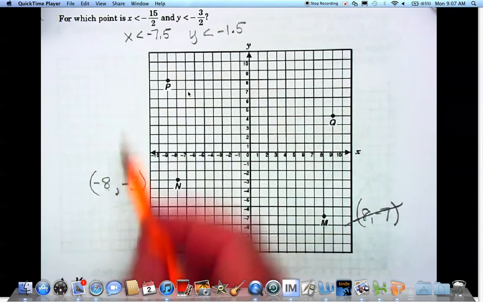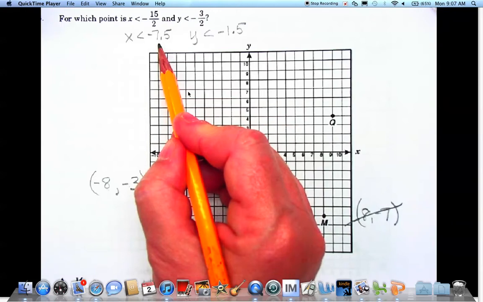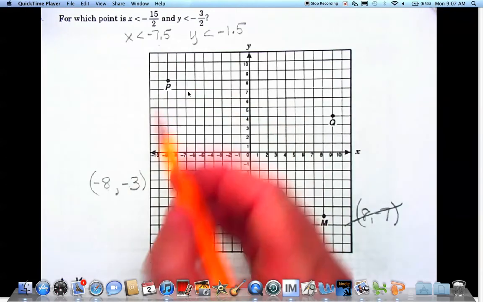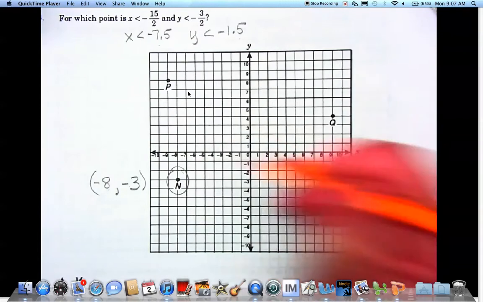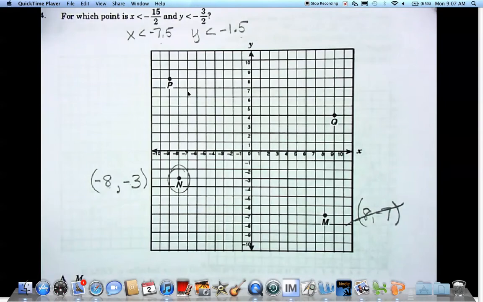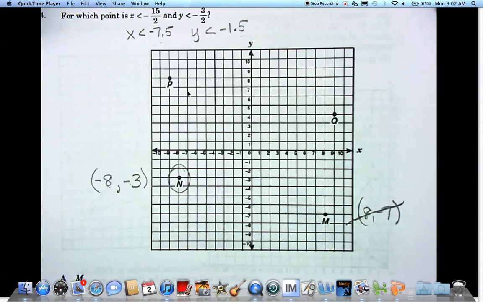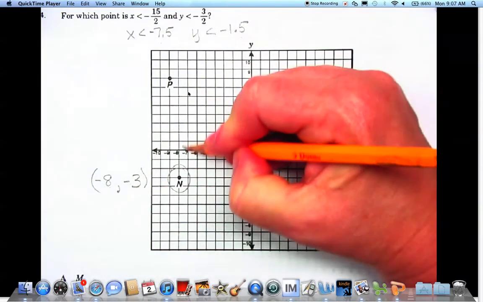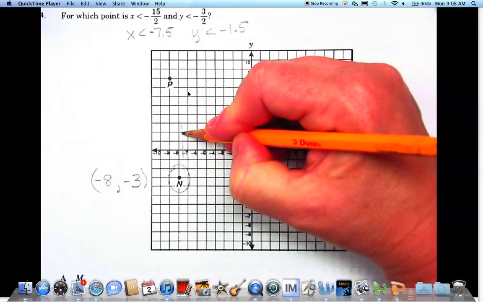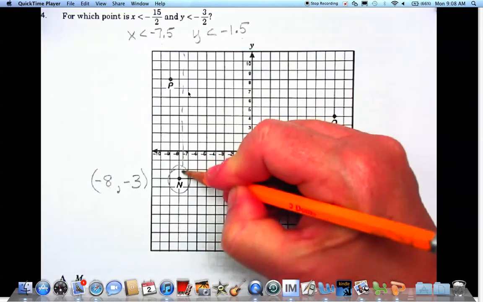Is negative 8 less than negative 7.5? Yes. Is negative 3 less than negative 1.5? Yes. Okay, or you can shade. Now, how would you shade, Wyatt? You go to negative 7.5 on the x-axis, and you shade to the left of it.